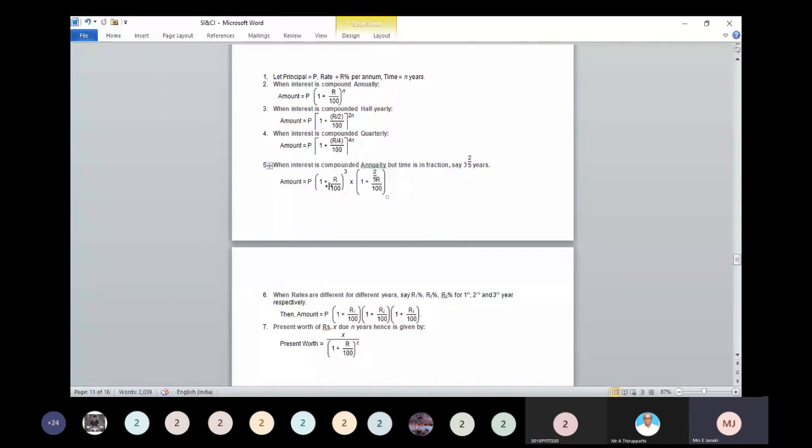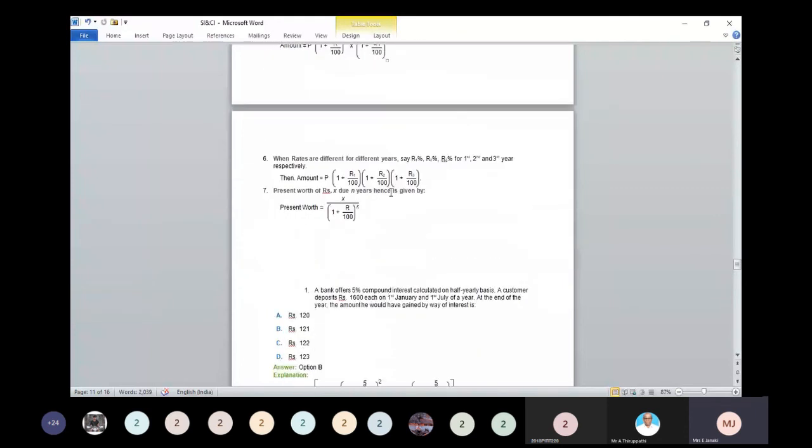So for 3 years, replace n by 3: 1 plus R by 100 whole power 3, and then into the next 1 plus, for the next fraction of a year, 2 by 5 into R divided by 100.